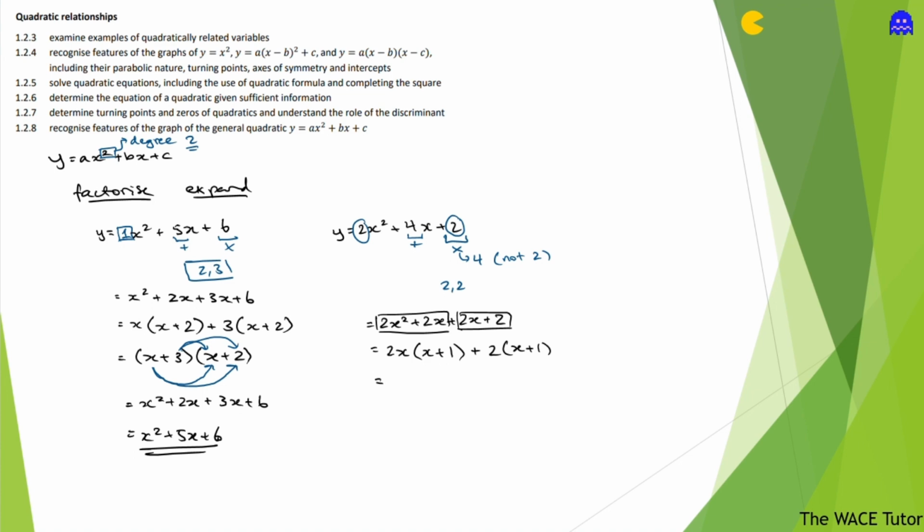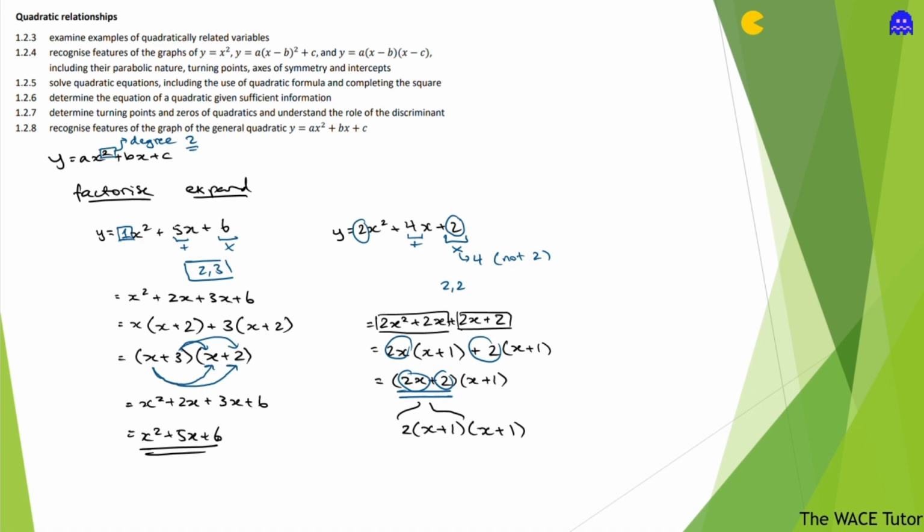And we can factorize that by grouping to get 2x plus 2 multiplied by x plus 1. And in fact, we can simplify this even further because both these components share a common factor of 2. So this component can also be written as 2 multiplied by x plus 1, and then we have the x plus 1 from previously.